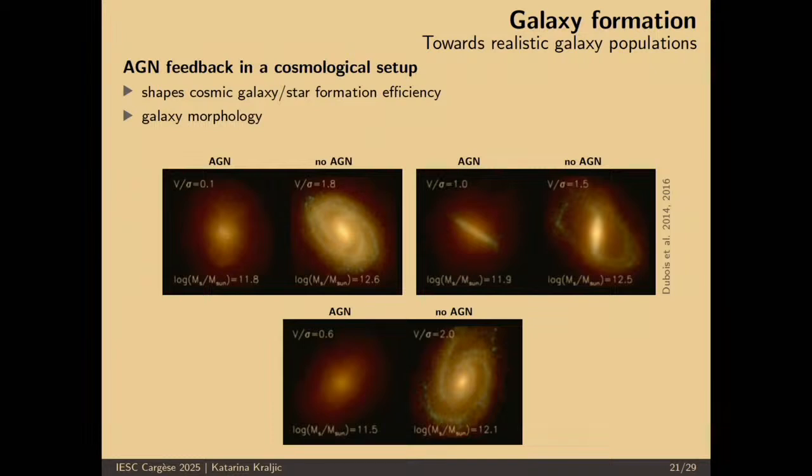In one, there was full feedback, including AGN feedback, and in the second one, everything was the same, just there were no black holes, so no AGN feedback. In these images, the image on the left is the simulation with AGN feedback, and on the right without AGN feedback. So clearly we see that without AGN feedback, all these simulations produce very nice and very massive but very wrong galaxies, because they are all spirals or disk dominated.